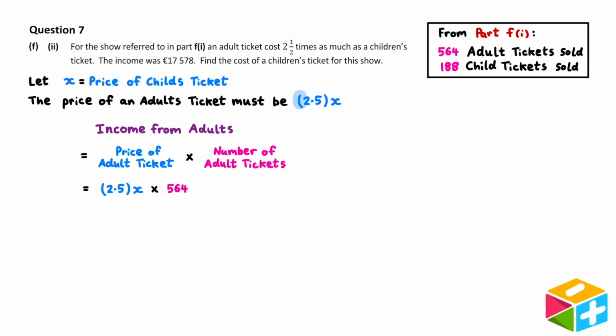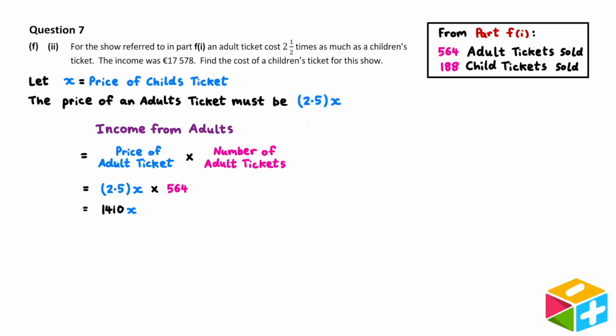The price of an adult ticket is 2.5X, and the number of adult tickets is 564. Since 2.5 times 564 is 1,410, this comes out as 1,410X.